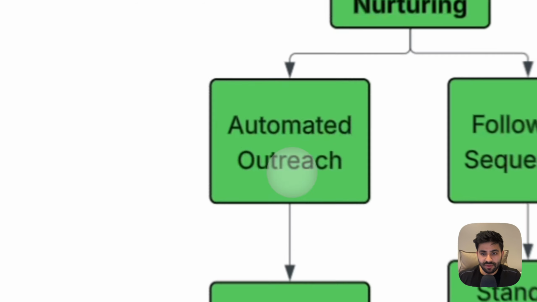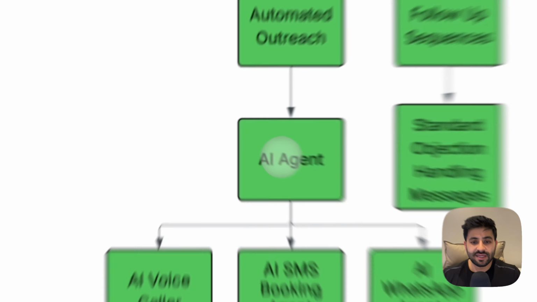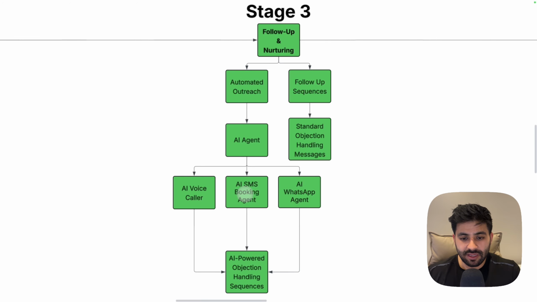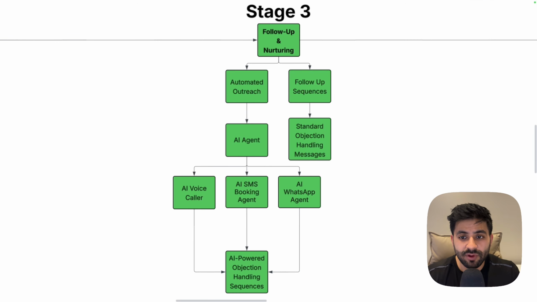It employs automated outreach and AI-powered follow-ups that respond instantly. We use SMS, email, WhatsApp, and on top of that, revolutionary technology that uses an AI voice caller that sounds like an actual human who will call up leads on your behalf and book them depending on how that lead entered the funnel or any other criteria that you set.